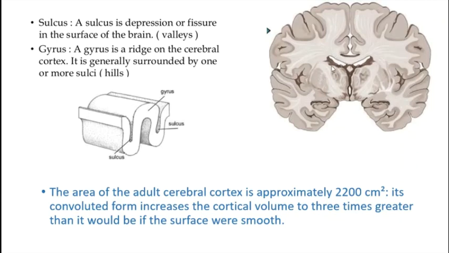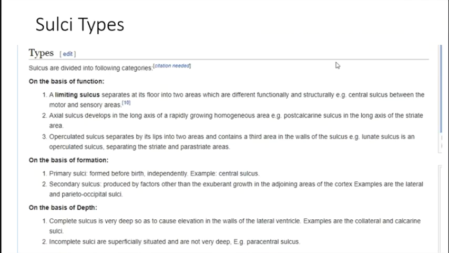The ventricles pretty much have a very uniform diameter, undisturbed by any other sulci reaching up to this point. If a sulcus in its depth manages to cause an indentation inside the ventricle, then it is called a complete sulcus. There are not too many examples, but collateral and calcarine sulci will be the ones. So we'll reach them, then we'll know.